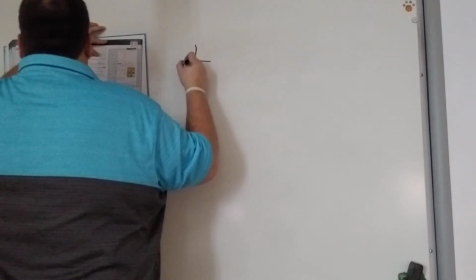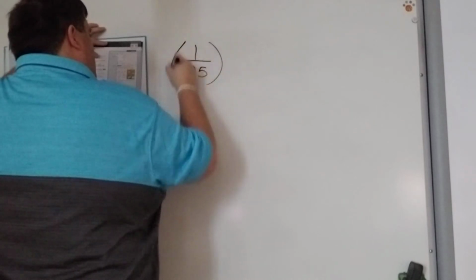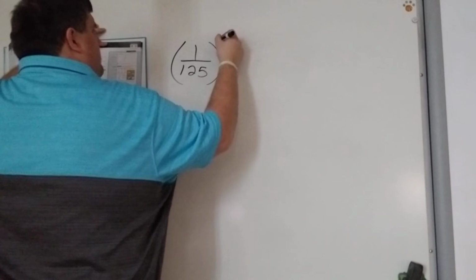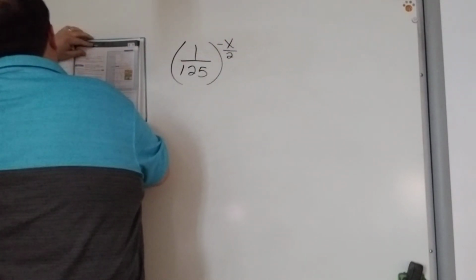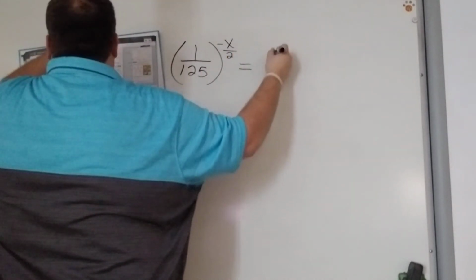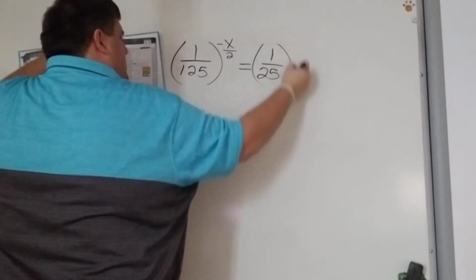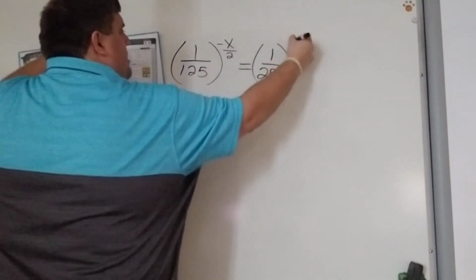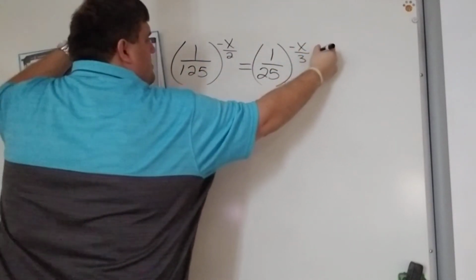1 over 125 to the negative x over 2 equals 1 over 25 to the negative x over 3 minus 2.